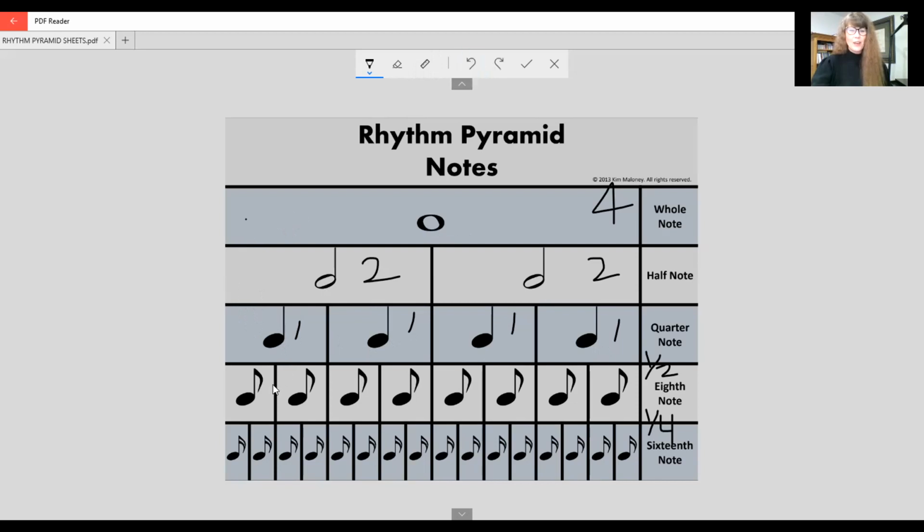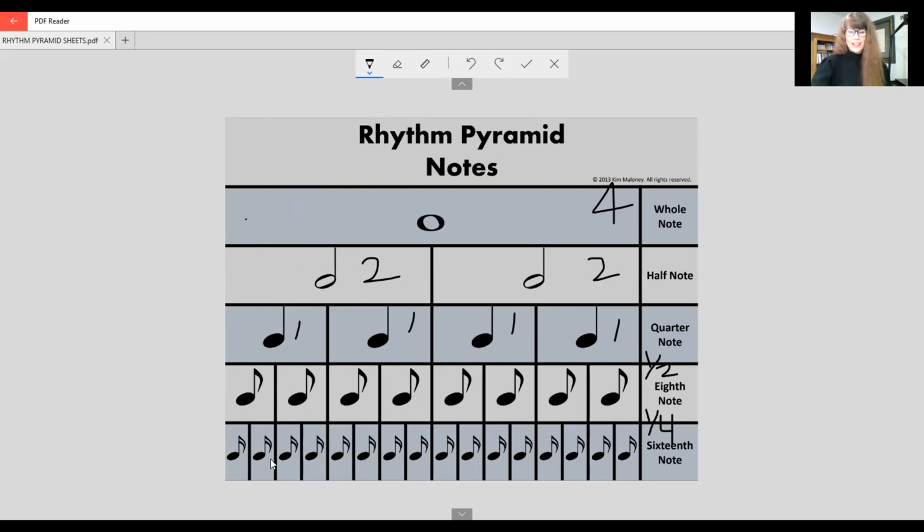And looking underneath that, we're going to need 4 eighth notes to equal 2 half notes. Or you can divide it smaller and see that you need 2 eighth notes, which would equal 1 quarter note. But you're going to need the whole row of 8 eighth notes in order to equal 1 whole note.